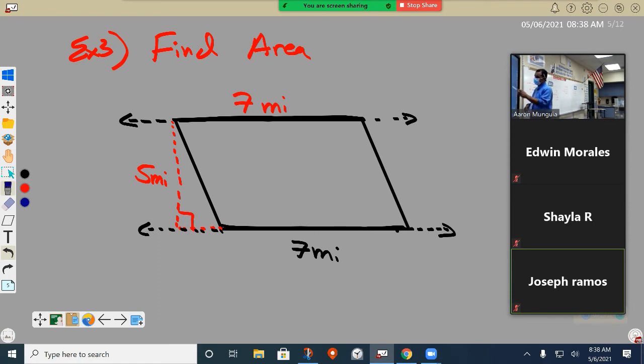And not only that, this side too. Look at this side over here, if I were to extend it, and this side, if I were to extend it, those would also be parallel. They'd go on forever without intersecting. That's what makes a parallelogram a parallelogram. In other words, both pairs of opposite sides are parallel. So let's find the area of this puppy.